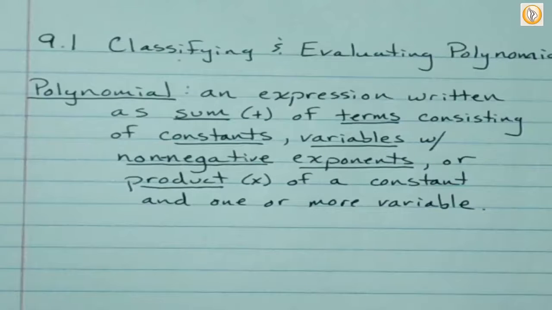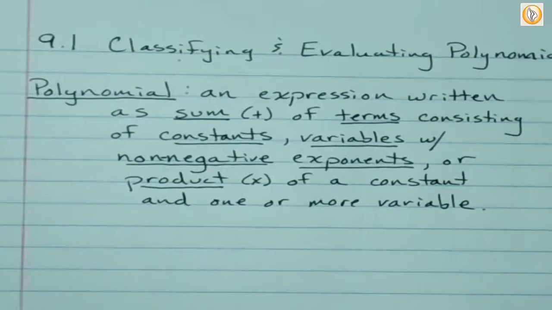So polynomial. It's an expression, not an equation or anything, just an expression, like what I call a math sentence, written as a sum of terms. And when it says sum, we're talking like adding and subtracting.